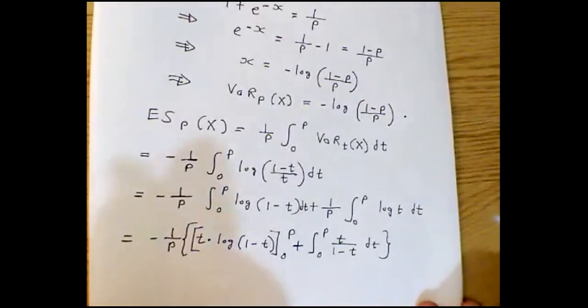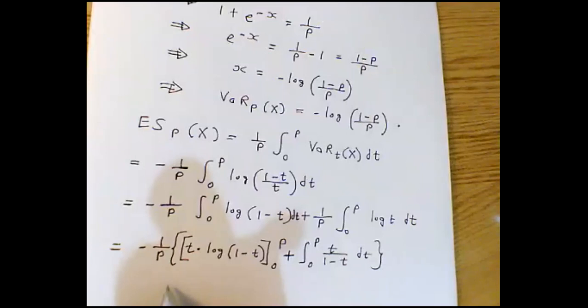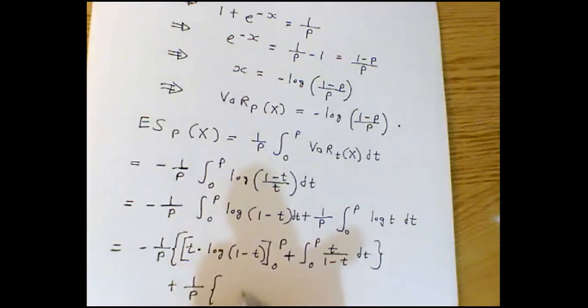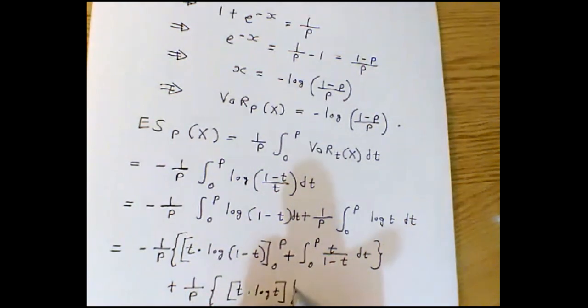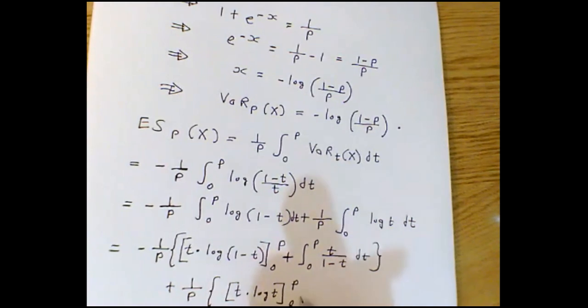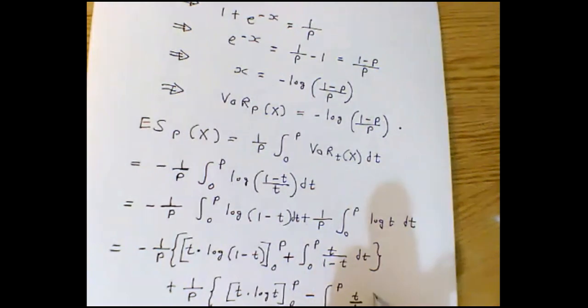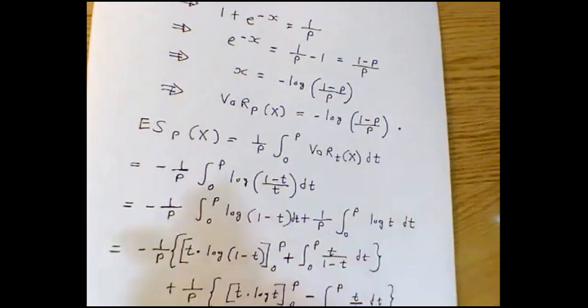All right, and for the second integral, you will get 1 over p, brackets, and minus t divided by t dt, right?